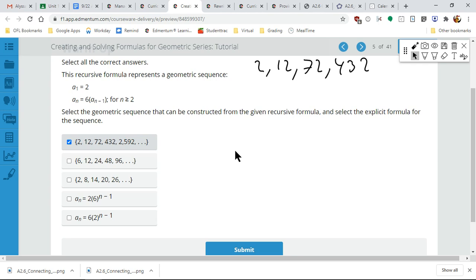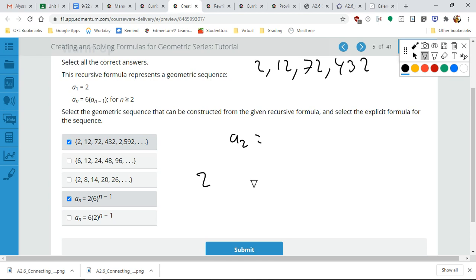Another rule is, since we keep multiplying by 6, another rule we can say is A sub n is equal to this. And I'll show you why. What's happening here is, how many times did we multiply by 6? So if we're doing A sub 2, we've done it one time, right?